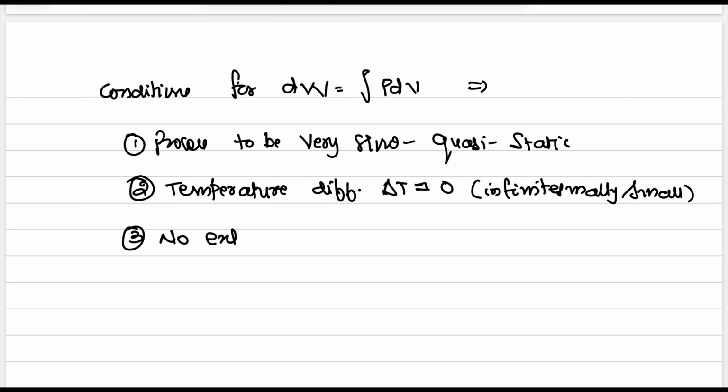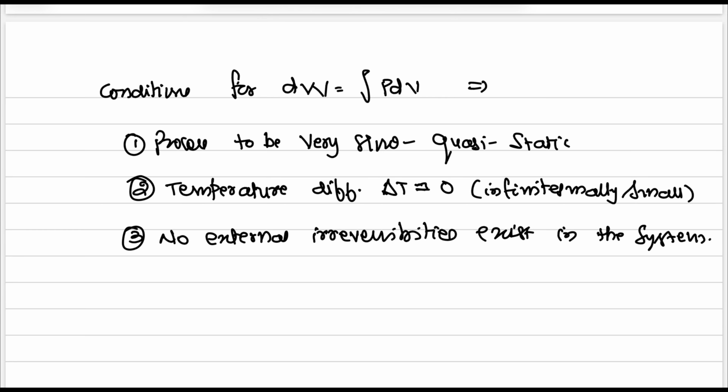No external irreversibilities exist in the system. In the piston cylinder, the external irreversibility can be friction. No friction. Etc.